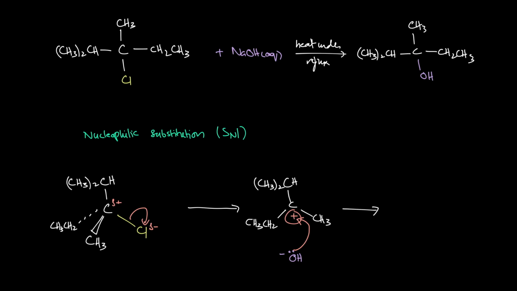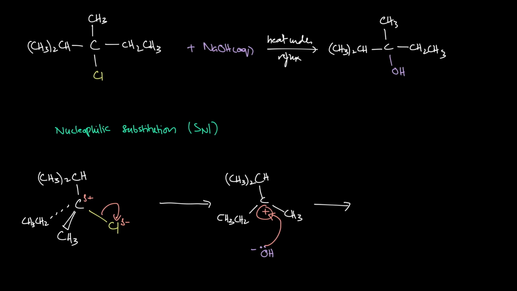Because you have this planar carbocation intermediate, like a flat structure, the hydroxide can either attack this carbon atom from the front or from the back, and that results in a mixture of optical isomers.